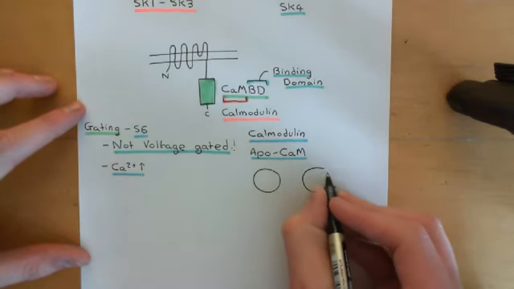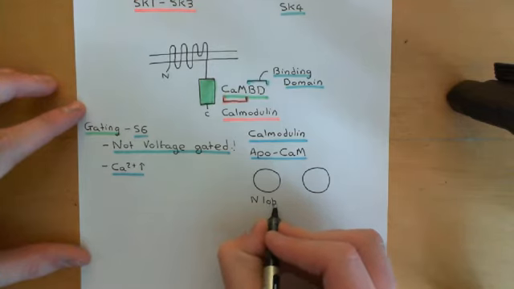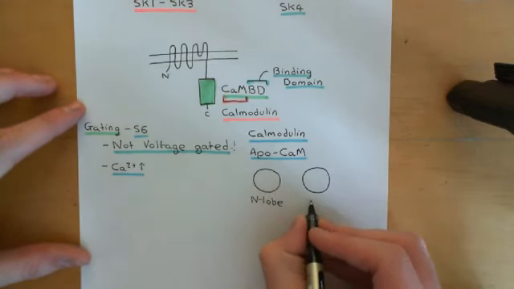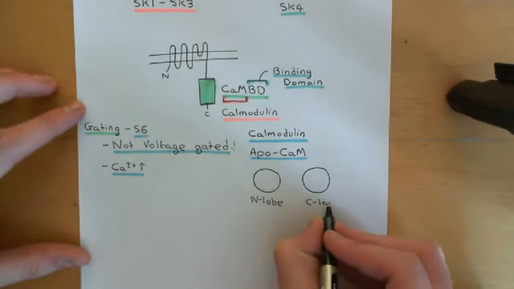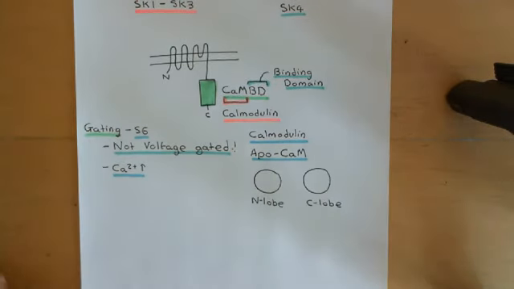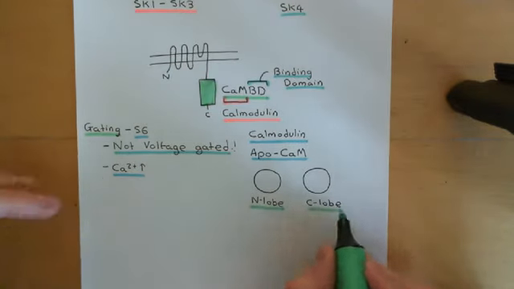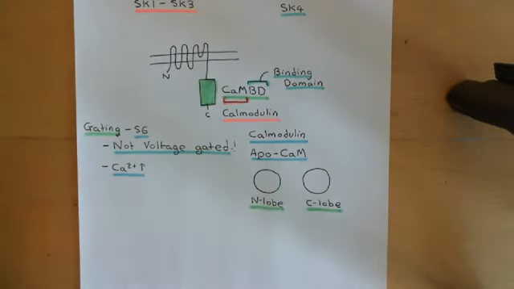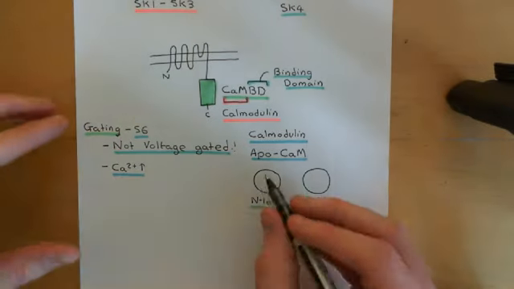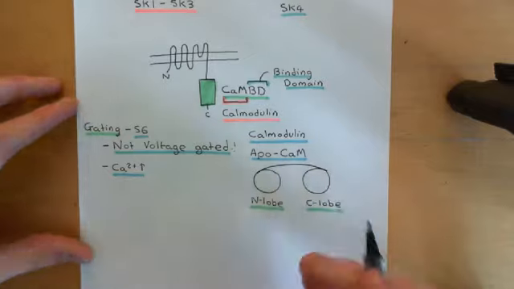It has these two lobes, one of which is at the N terminus of the protein and is therefore called the N lobe, and the other which is at the C terminus of the protein and is therefore called the C lobe. These two lobes of calmodulin are connected by a linker here, which I'll put like so.